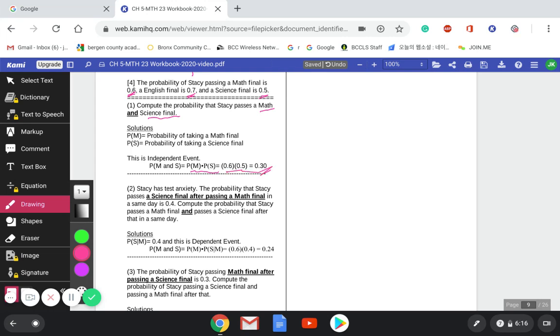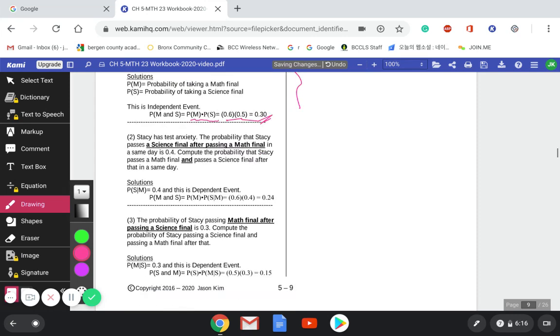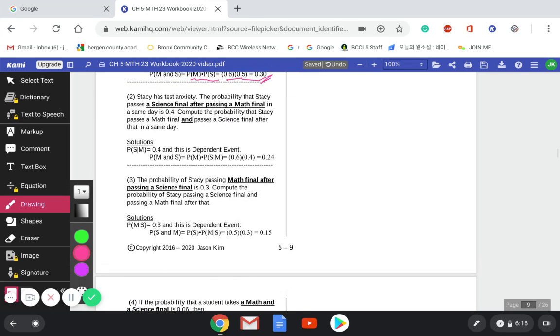Okay. But that's the case when they are independent. Now, if they are not independent for whatever reason, then the following are dependent or conditional clauses. Example: Stacy has test anxiety. The probability that Stacy passes the science final after passing the math final is 0.4.